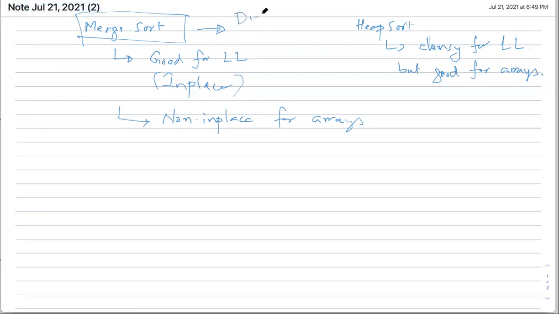So this is divide and conquer. And likewise, quick sort is also a recursive divide and conquer strategy. But quick sort is the best known comparison-based sorting algorithm.